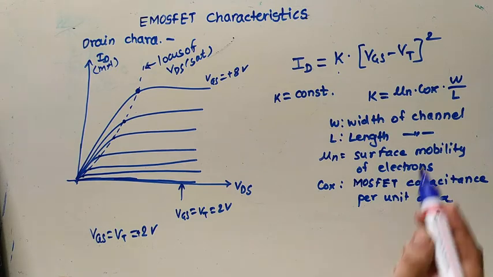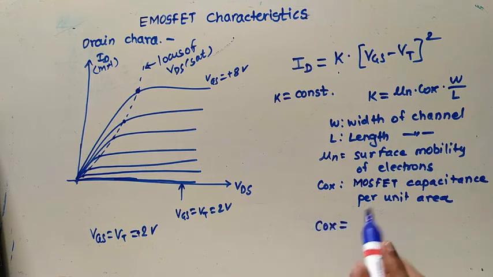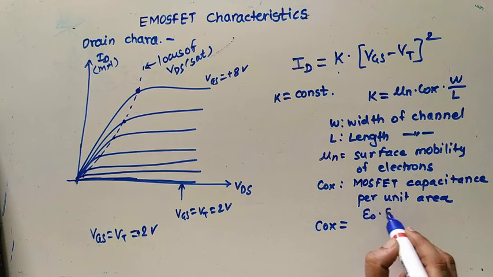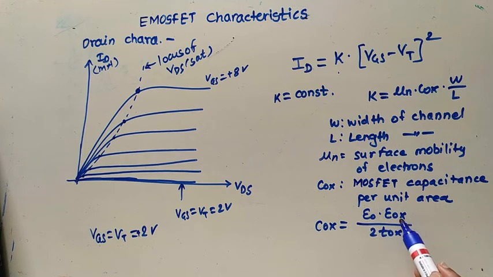And again this C ox can be calculated as C ox equal to epsilon 0 into epsilon OX divided by TOX. Here epsilon 0 is the permittivity of free space, epsilon OX is the dielectric constant of SiO2, and TOX is the thickness of the oxide.